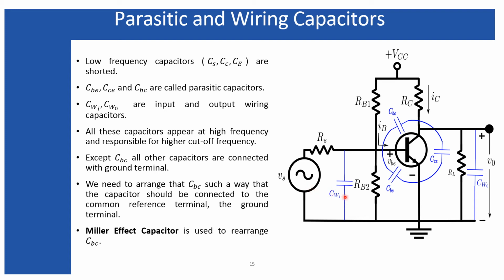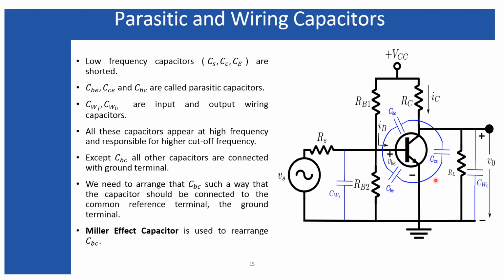You can see from the configuration of these capacitors that the CWI and CBE are appearing parallel to each other, because one terminal of these two capacitors is connected with the base contact, and the other terminals are connected with the ground directly.